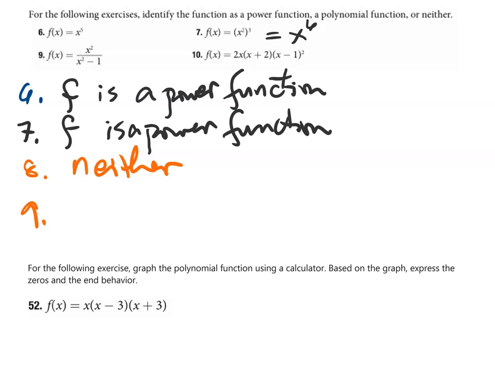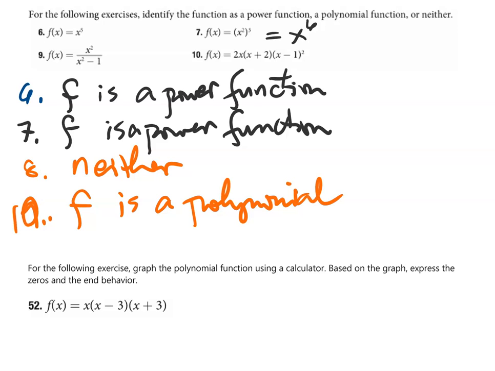And then number 10, f of x equals 2x times x plus 2, x minus 2 squared. f is a polynomial, because you can multiply everything, and when you distribute this, it will be a polynomial.